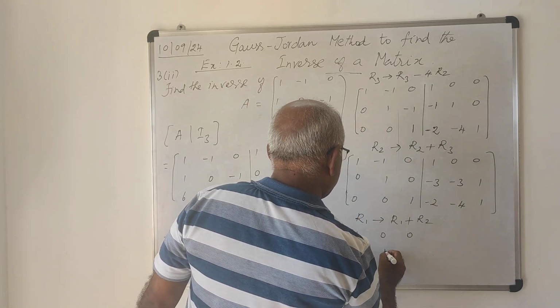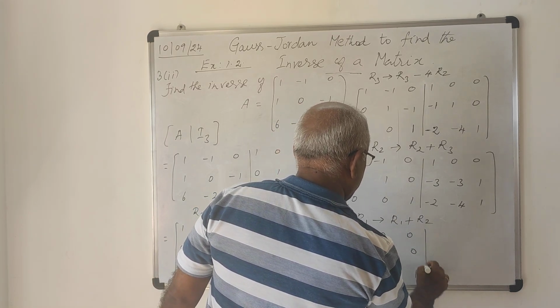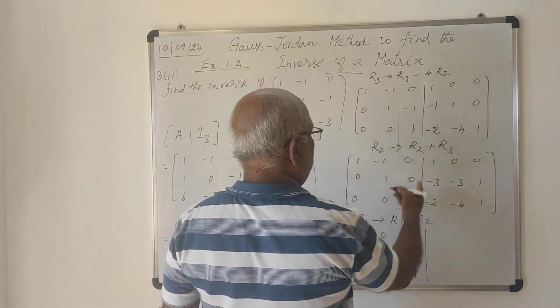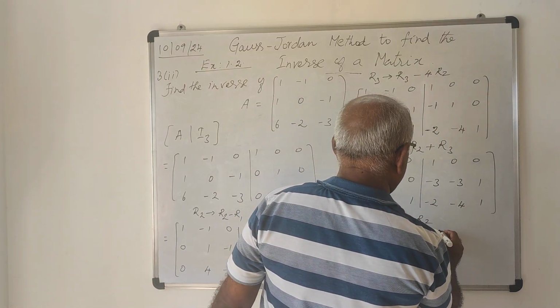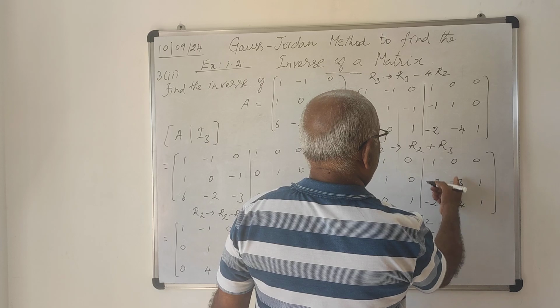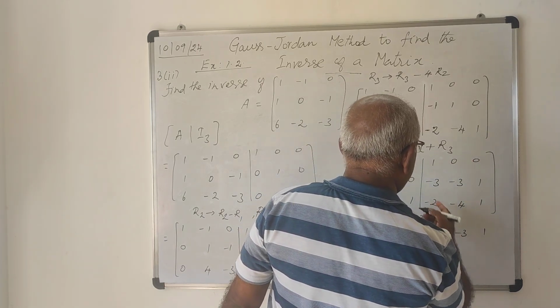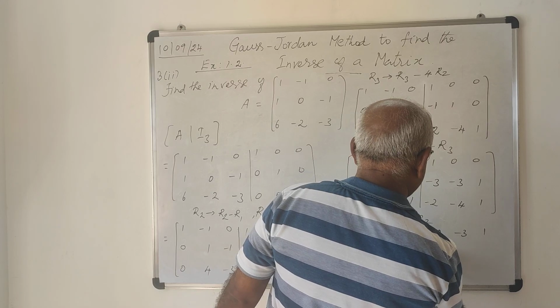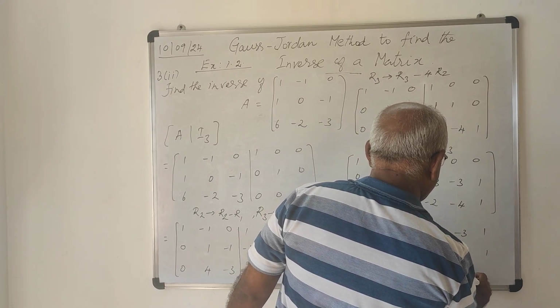Next row as it is, 0, 1, 0. 0, 0, 1. Similarly, R1 plus R2: minus 3 plus 1, minus 2. 0 plus minus 3, minus 3. 0 plus 1, 1. And second row as it is, third row is also as it is.